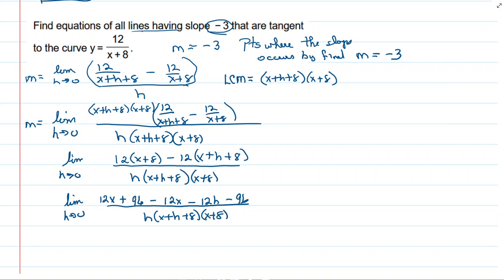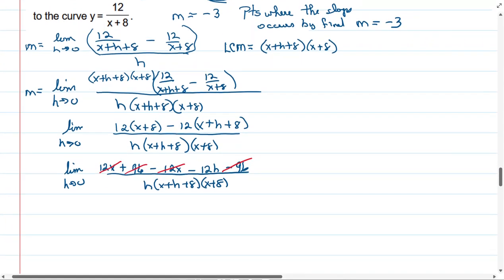All right, so let's see if I do have them canceling out. The 12x and the negative 12x, the 96 and the negative 96. So we're good. I ended up with only a term with h in it. So far, let's see if it holds out, okay?